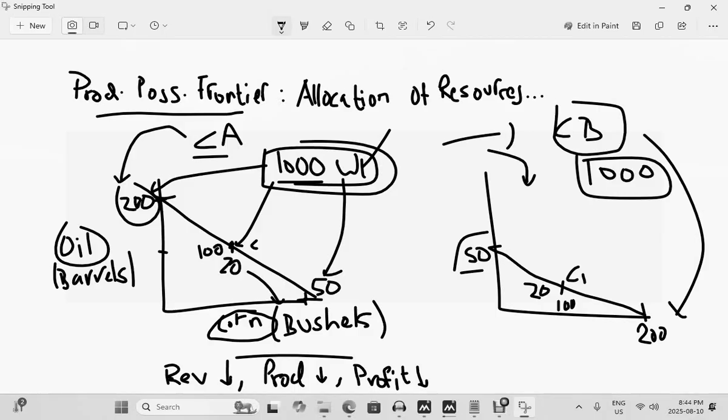It went down from 200 to 100. And oil production has been reduced because you decided to divide your labor to produce both products. So again, we're talking about opportunity cost, the opportunity cost of either producing both the products or the opportunity cost of producing one or the other.